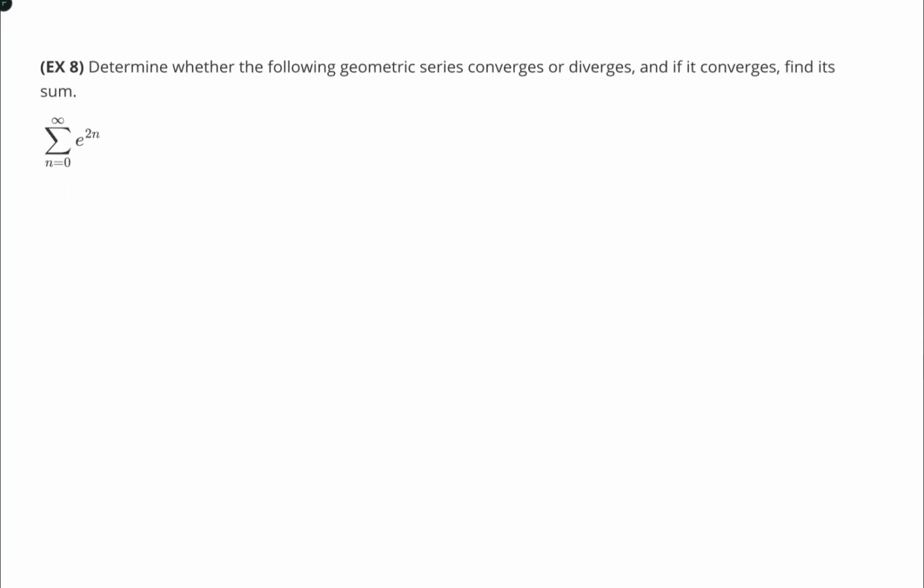Determine whether the following geometric series converges or diverges, and if it converges, find its sum. So same problem as previous, but just a different example here. Here I'm starting with n equals 0, so my exponent should be n. Right now it's 2n, but we can use rules of exponents as we please here.